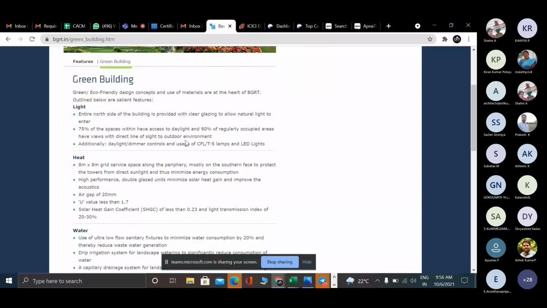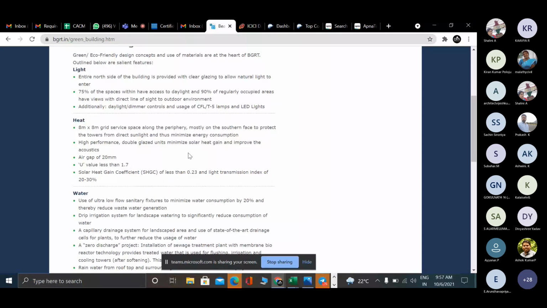This building is saving electricity, and you can understand this by the various technologies they have used. They have automatic daylight dimmer controls, and usage of CFL, T5 lamps and LED lights. And for how they are reducing heat, you can see double glazed units. The glazing given for the external has a gap where air is filled.